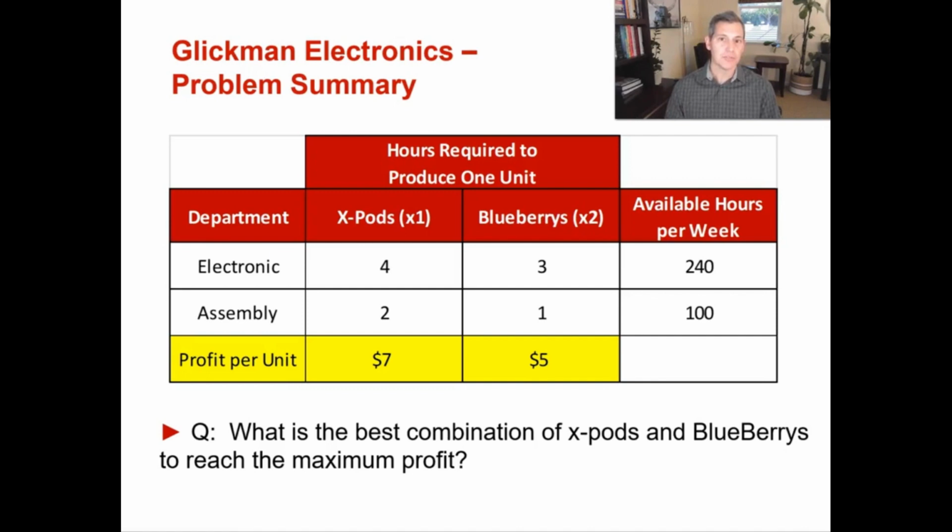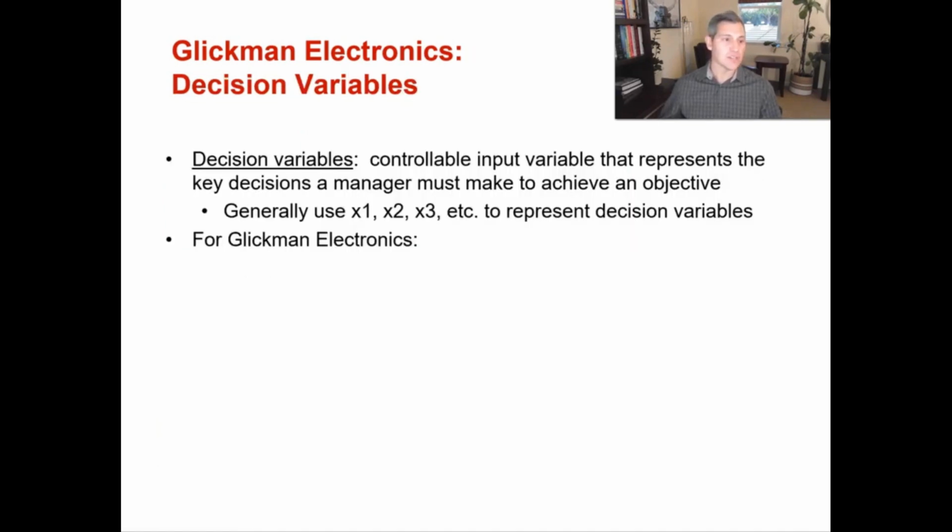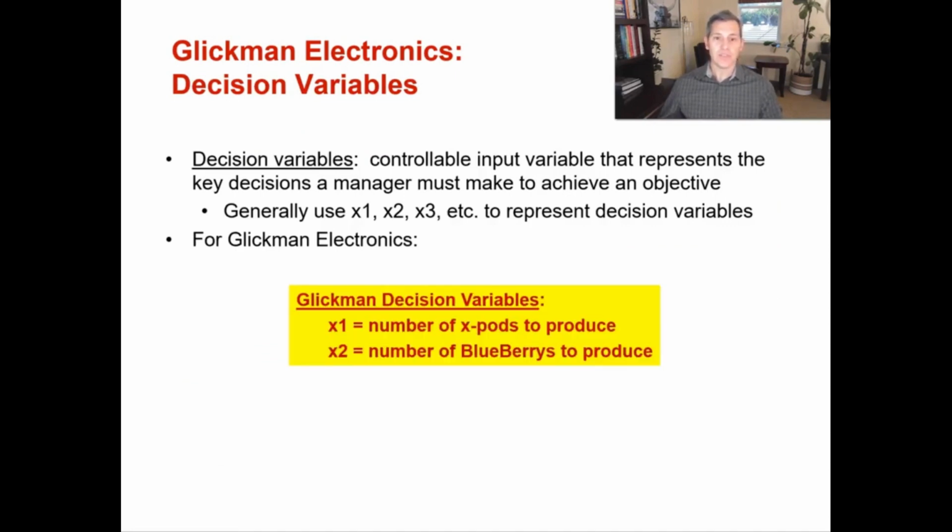What's your objective function? Your objective function is to maximize profit. Okay, so those are our decision variables, our constraints, and our objective function. So for Glickman Electronics, your decision variables are X1, your number of XPods to produce, and X2, your number of blueberries to produce.